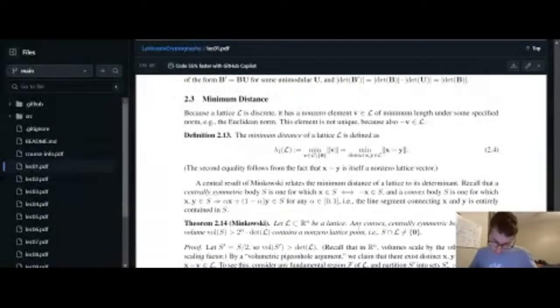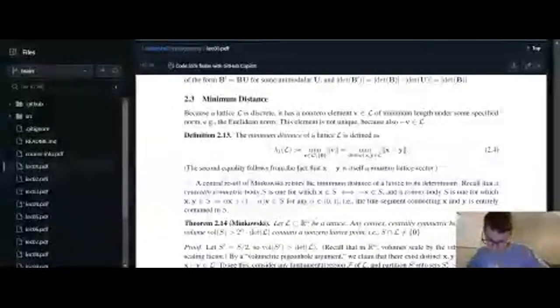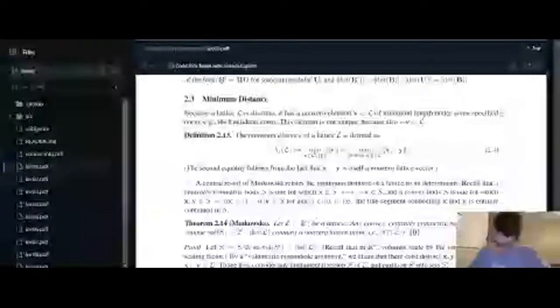Okay, so I'm trying to understand this. This is, I think, less trivial to understand. This is kind of a hard definition. This is more abstract because I'm not sure what a Euclidean norm is. This element. That makes sense.